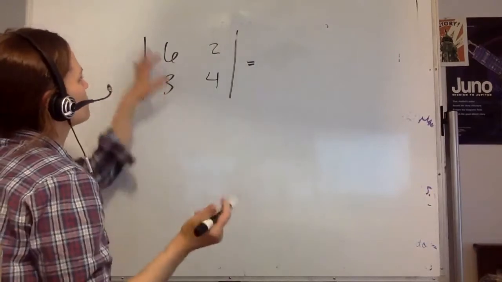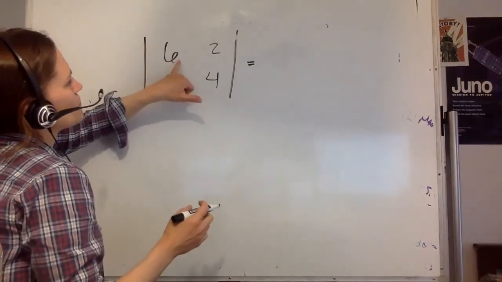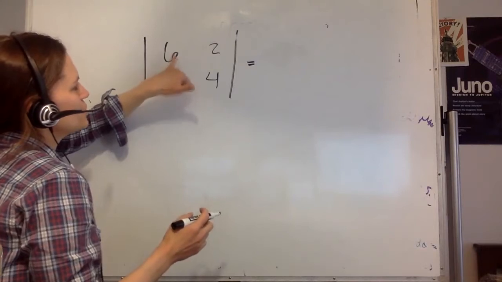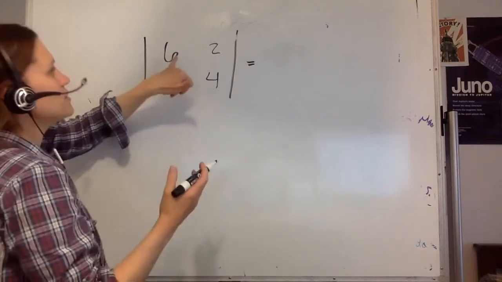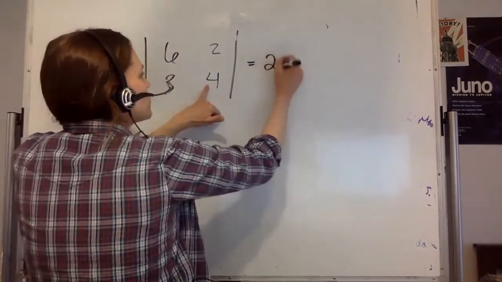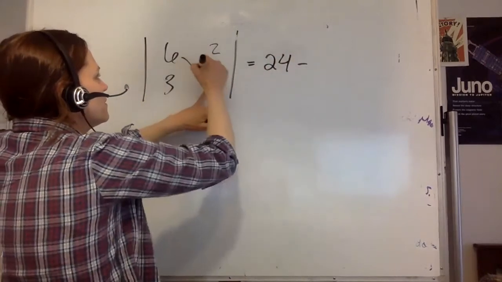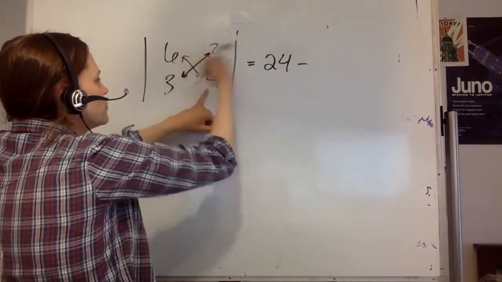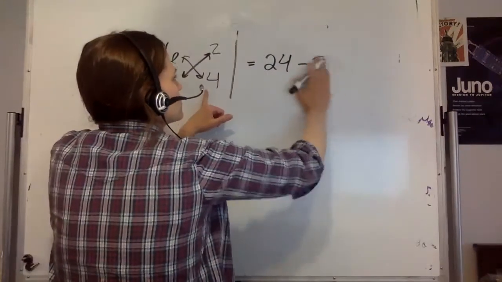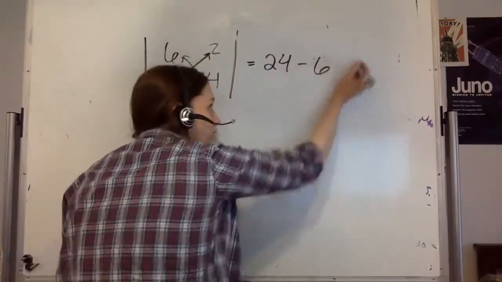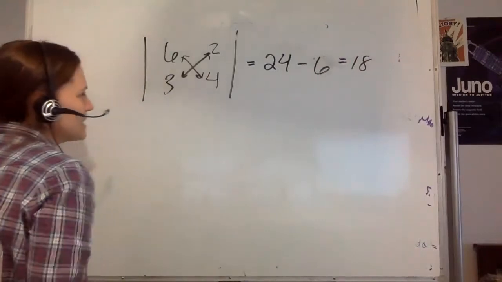Of course, the example I pull out is the one that doesn't work. To determine the determinant, you take 6 times 4, which is 24, minus 2 times 3. Oh, goodness. I've lost all credibility, which is equal to 18.